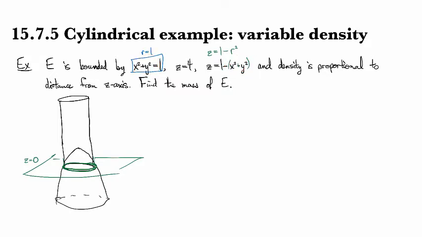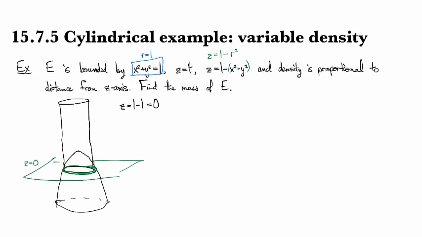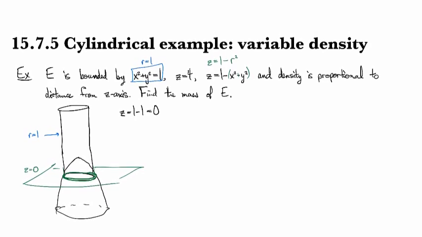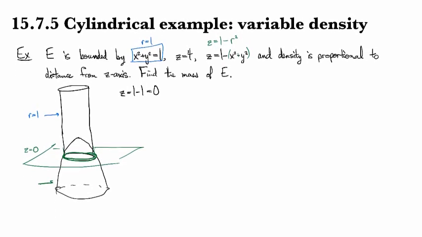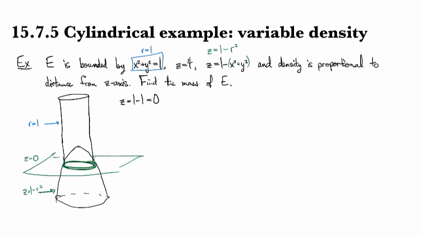When you do that, you get z equals 1 minus, and then we substitute x squared plus y squared equals 1, we get 0, so that's the z equals 0 plane. So this horizontal surface right here is r equals 1, like we saw in a previous video. And then this paraboloid down here is z equals 1 minus r squared.